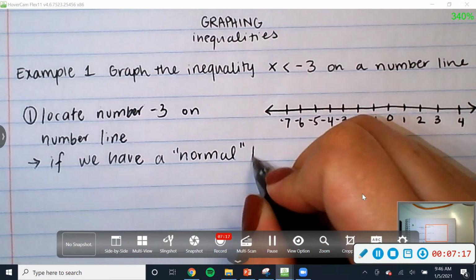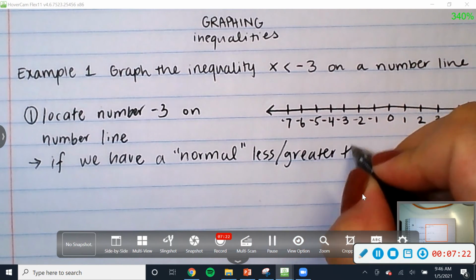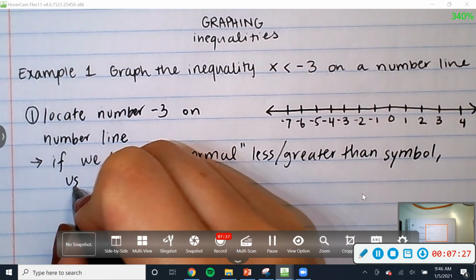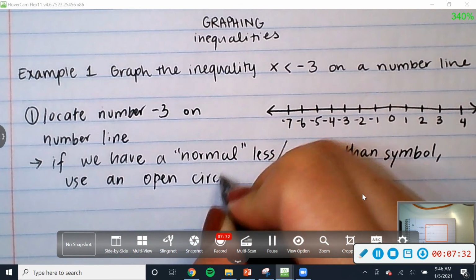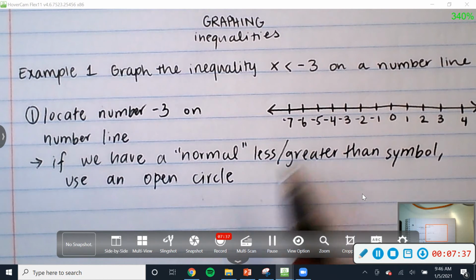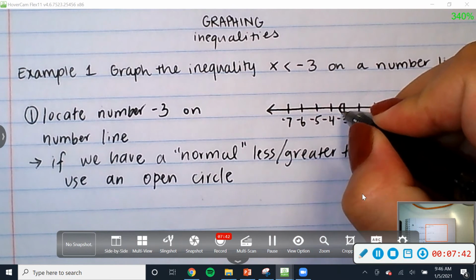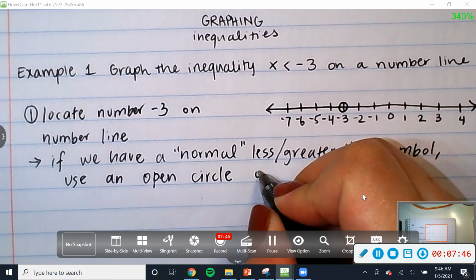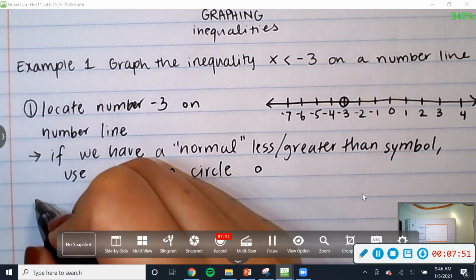So if we have a normal less than or greater than symbol, we use an open circle at negative 3. So if we have a normal symbol, we use an open circle. So that means for this one, this is just a regular less than. So I'm going to use an open circle right here at negative 3. So open circle will just look like this. So I draw an open circle.